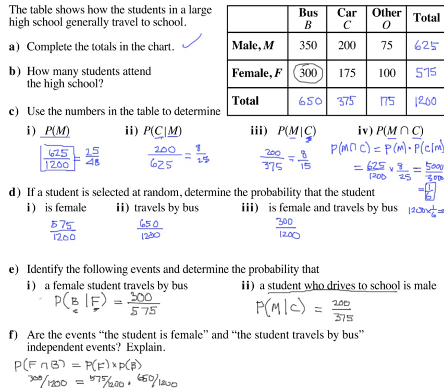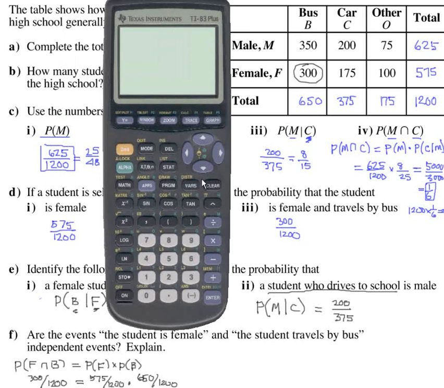Okay. Big scary numbers. I want my calculator. 575 out of 1200 is the female chance times 650 divided by 1200 is the bus chance, and then let's see if the calculator can reduce that.